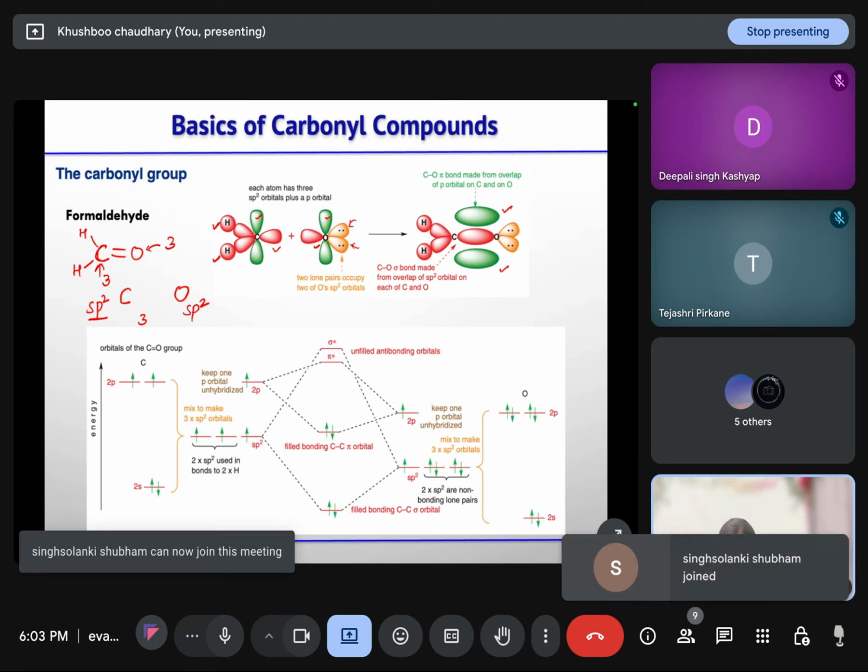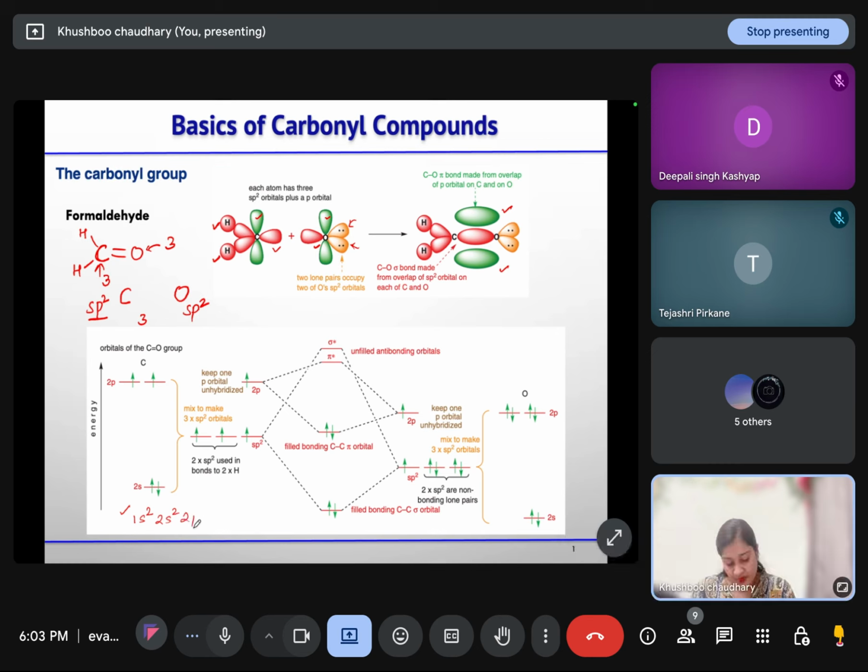For that, we know that carbon has the configuration 1s2, 2s2, 2p2, so 2s has 2 electrons and 2p has 2 electrons. Oxygen has the electronic configuration 1s2, 2s2, 2p4, so 2s has 2 electrons and 2p has 4 electrons.